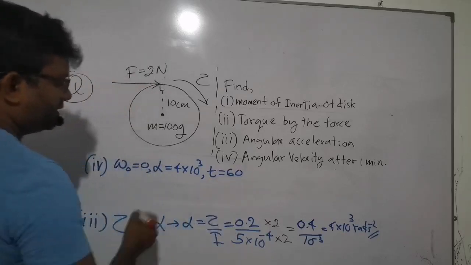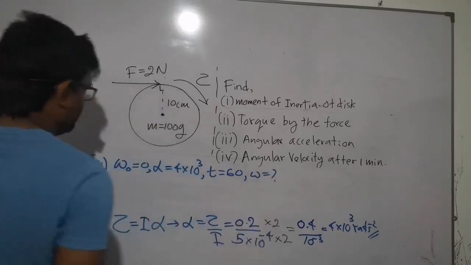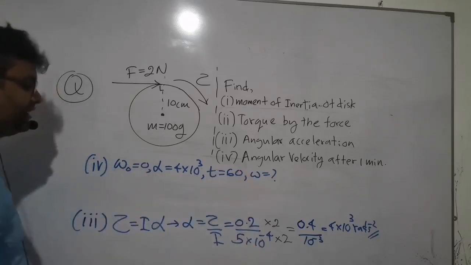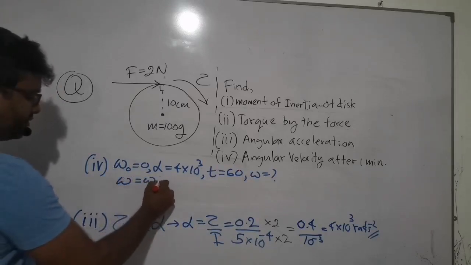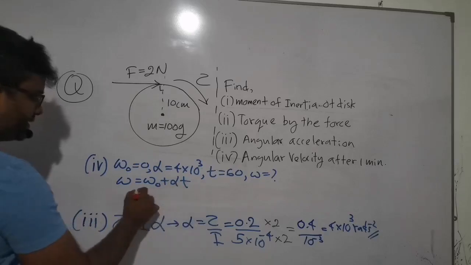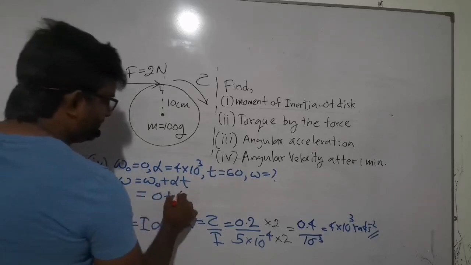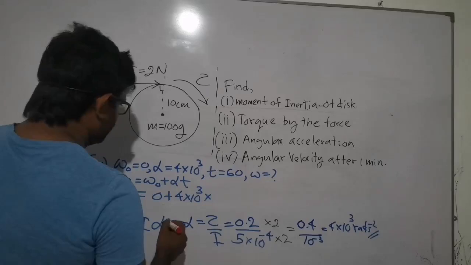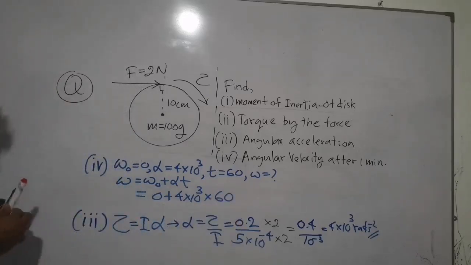So we need to find omega. We have u, a, t, and we find v: v equals u plus at. That means omega equals omega naught plus alpha t. Then 0 plus 4 into 10 to the power 3 into the time taken, 1 minute, that means 60.